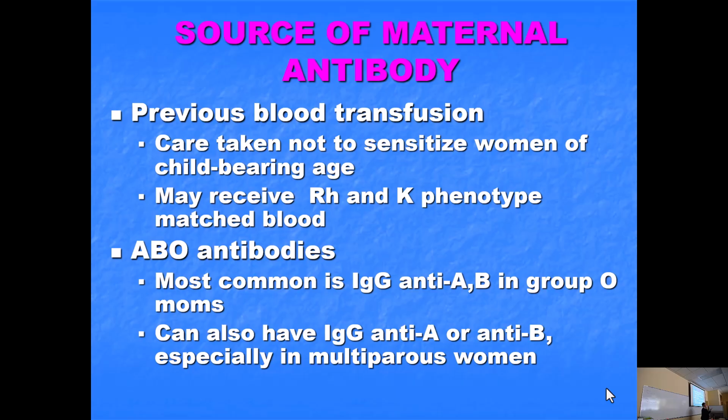Wait, paras. P, pregnancies, babies. Is it G over P or P over G? I can't remember if this is multi-pregnancies or multi-babies. Dang it, I think it's P over G, if I'm not mistaken. Okay. It's probably multi-pregnancy, it's one or the other.